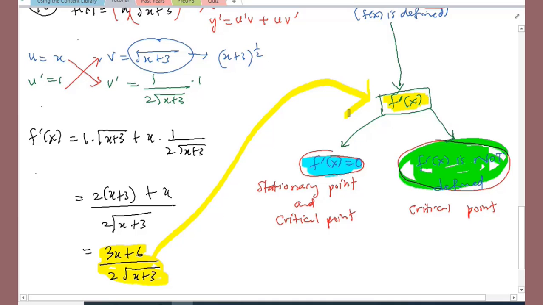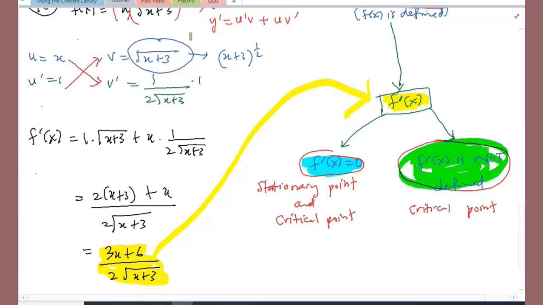Now we need to determine, because the question asks you to find critical points, whether each point is critical and stationary or only critical. Actually that one is under critical only. Stationary, hold for now; we just test this for this question.